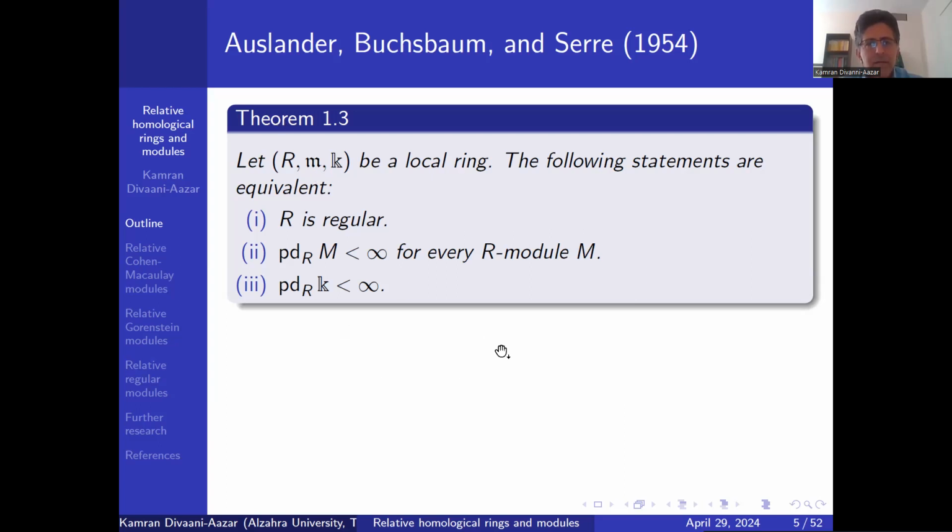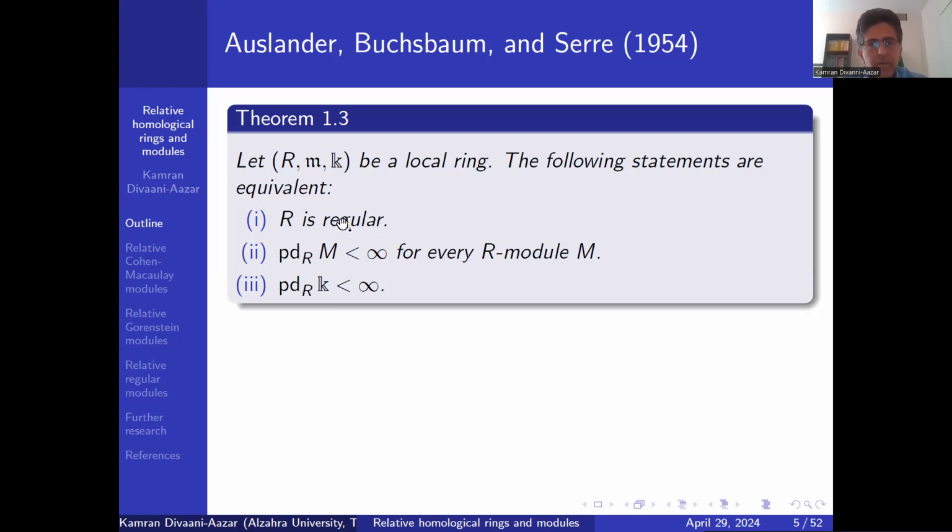Here we have this characterization. In the second and third parts, we have the effect of homology. So this characterization should be considered as a homological characterization for regular local rings. You know, regular local rings originally are a geometric concept, because for any smooth variety, the coordinate ring at any point on the variety is regular local.